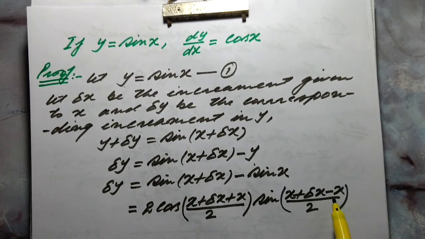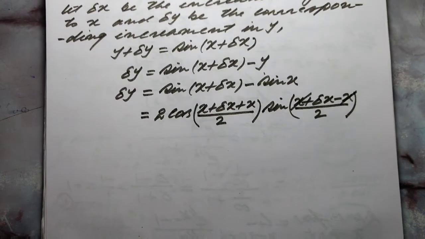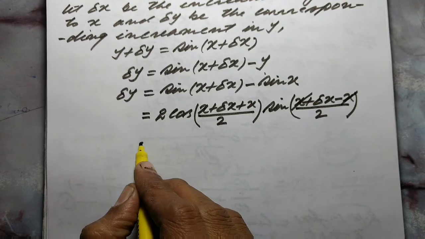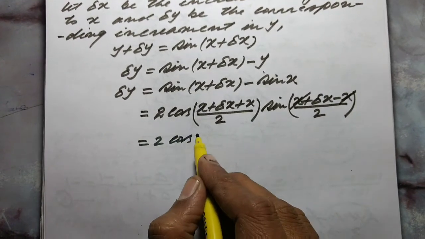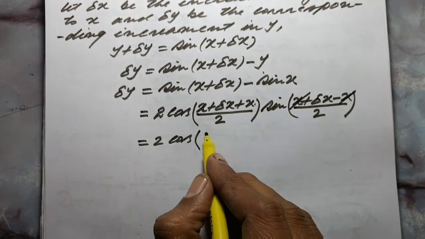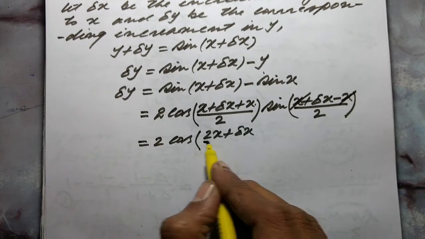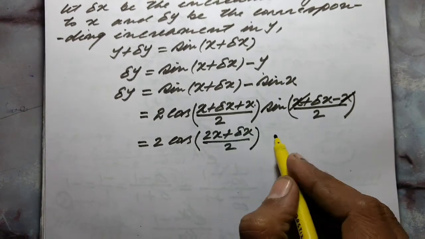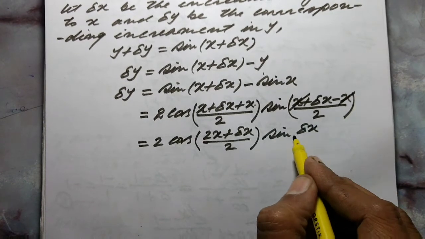Here in this bracket, positive x will cancel negative x, and we have simply 2 cos 2x plus delta x upon 2 into sin delta x upon 2.